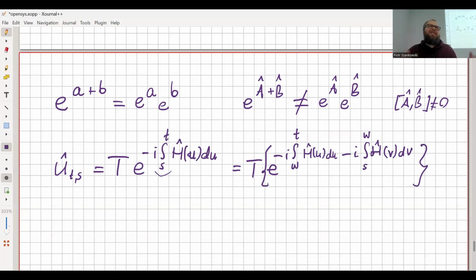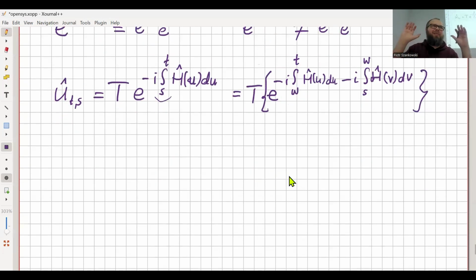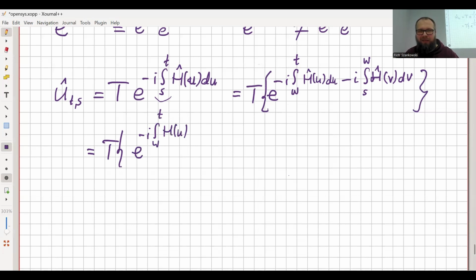So let's just use this rule of thumb and split those exponents while keeping them under T. We write it like this: e to the minus i integral from W to T of H(u) du, times e to the minus i integral from S to W of H(v) dv. It's all legal as long as we are still under one big time ordering.